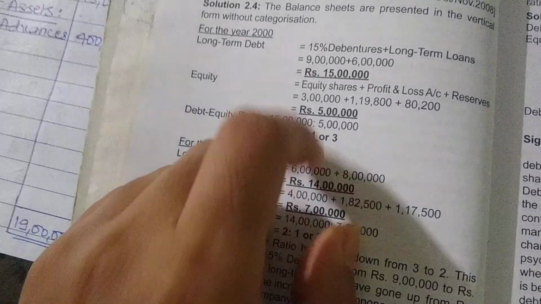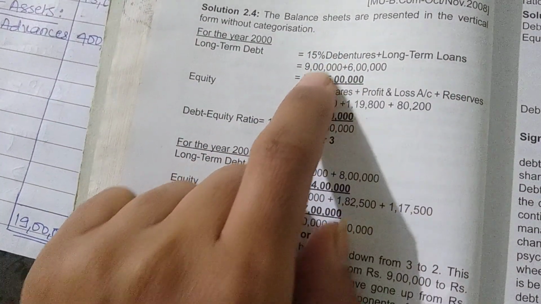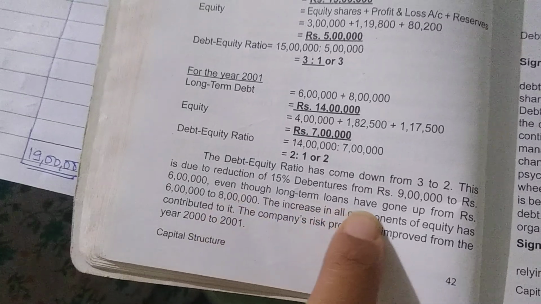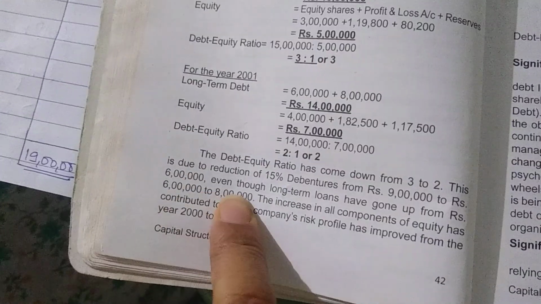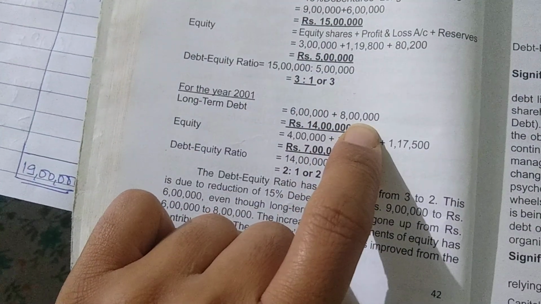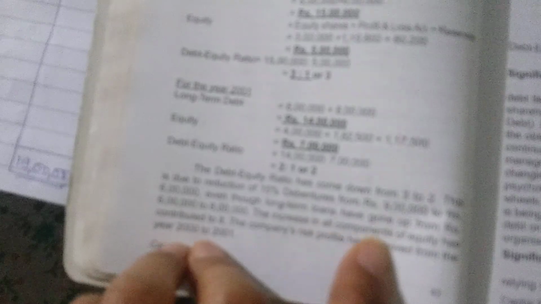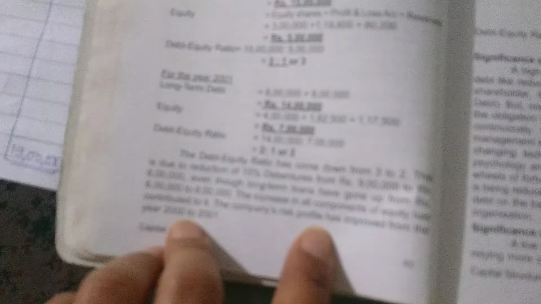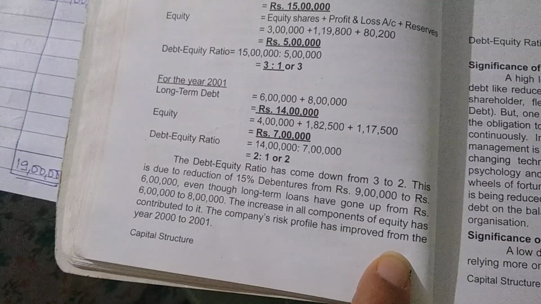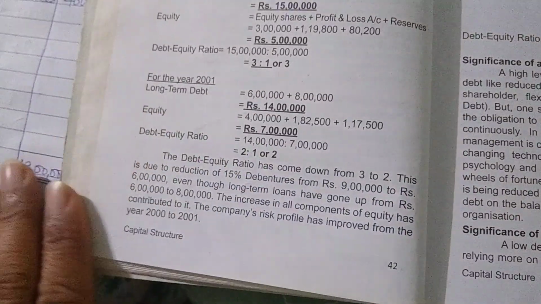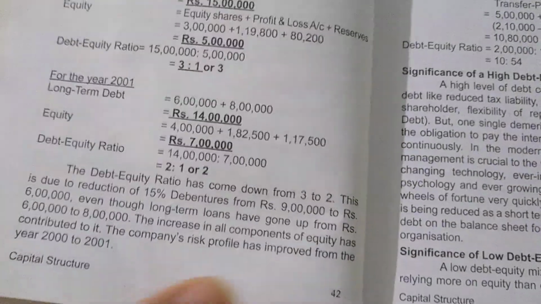That is because your 15% debentures were 9 lakhs, but here you can see it has come down to 6 lakhs, even though the long-term loans have gone up from 6 lakhs to 8 lakhs. So the increase in all the components of equity has contributed to it. The company's risk profile has improved from the year 2000 to 2001. So this is the comment or the interpretation you have to give.